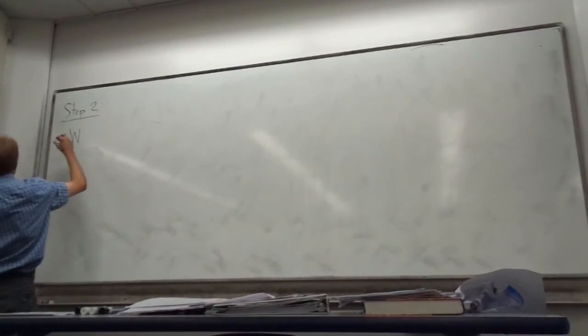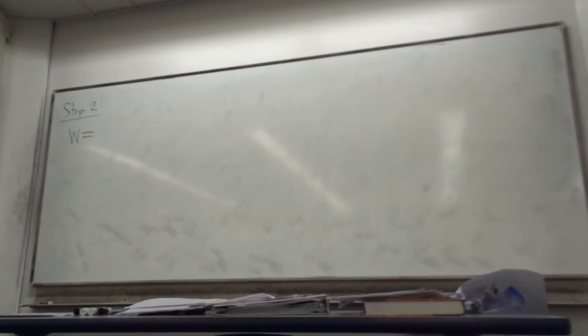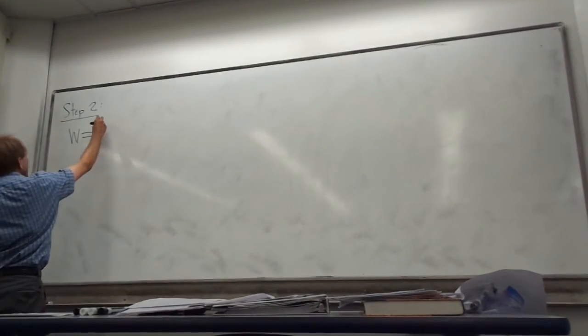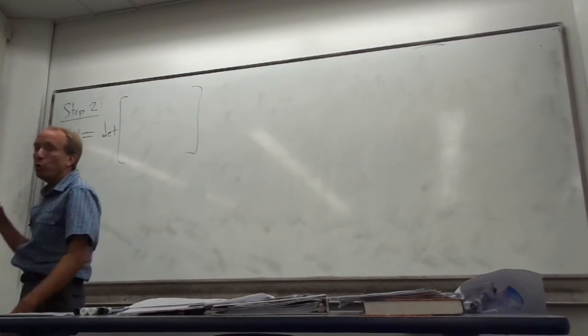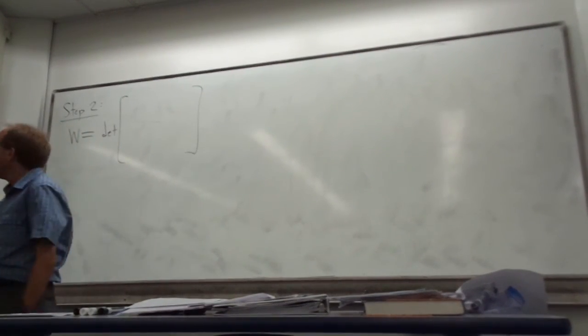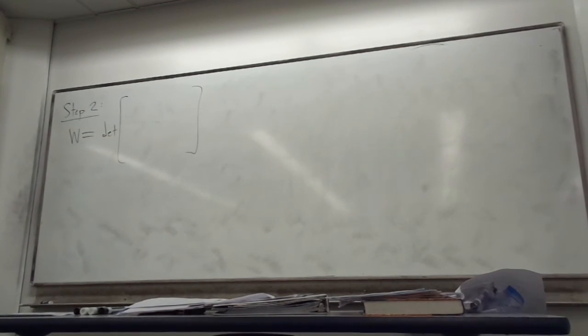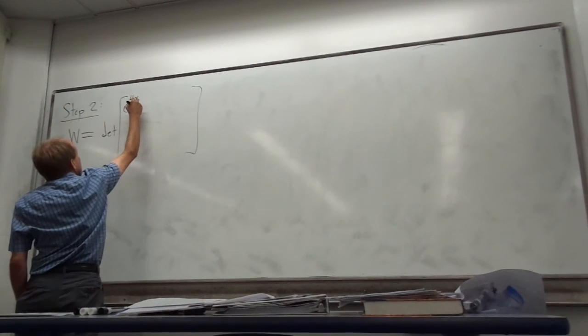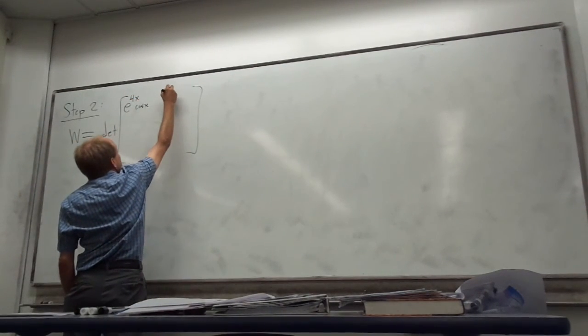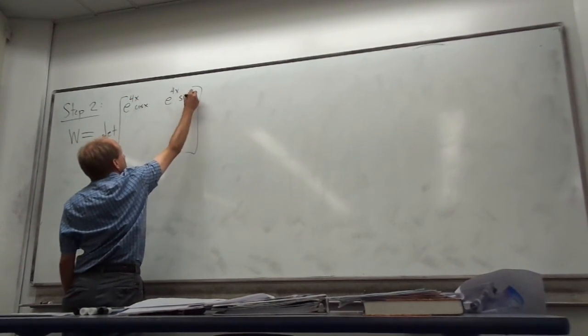I'll just call it W. W is equal to the determinant of a 2 by 2 matrix. Remember how this works? We put our functions on the top row, so we have e to the 4x cosine x and e to the 4x sine x on the top.